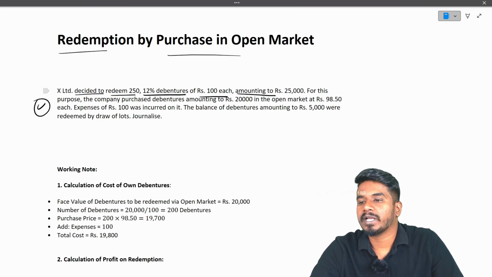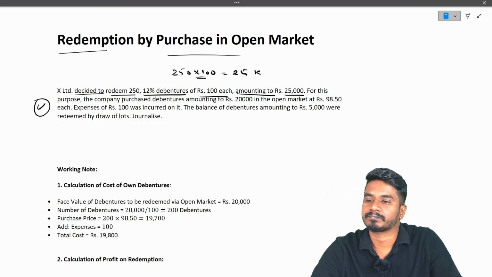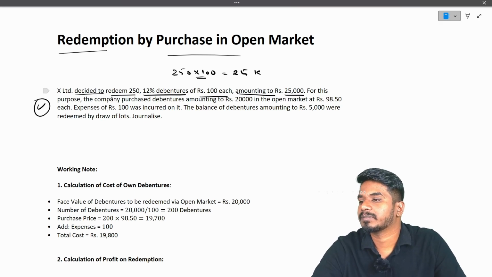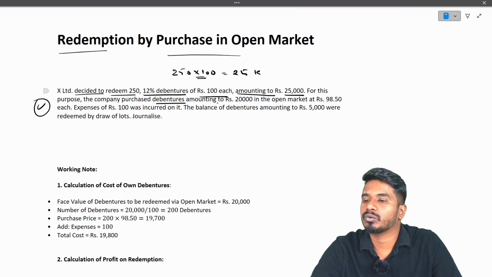Amounting to 25,000, that is 250 into 100, face value equals 25,000. For this purpose, the company purchased debentures amounting to 20,000 in open market.